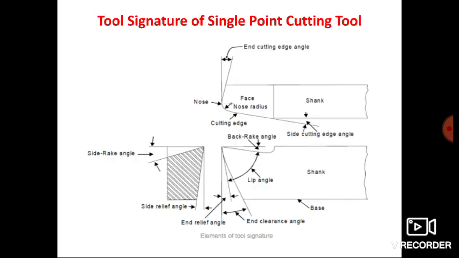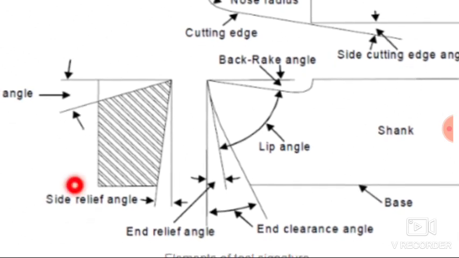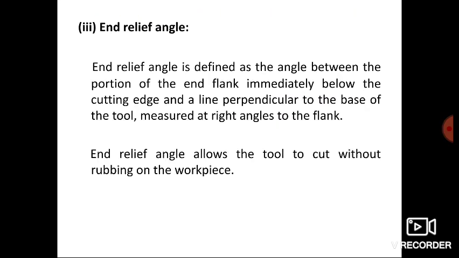End relief angle. Here I am showing the end relief angle, at the bottom. End relief angle is defined as the angle between the portion of the end flank immediately below the cutting edge and a line perpendicular to the base of the tool, measured at right angle to the flank.